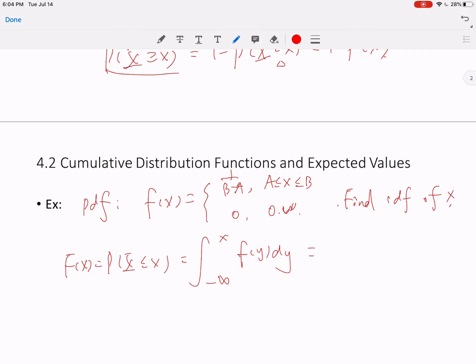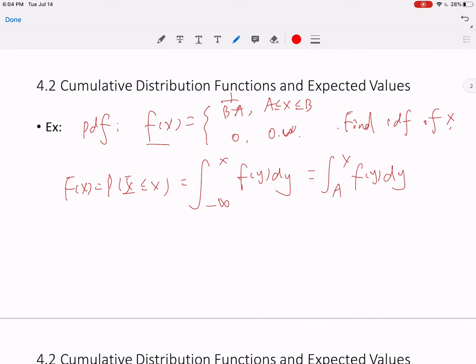Since we know that the x value starts with a, this would be equal to the integral from a to x of f(y) dy, because for any x value less than a, or on the left side of a, the PDF would be 0. We saw a very similar example in the previous video as well.